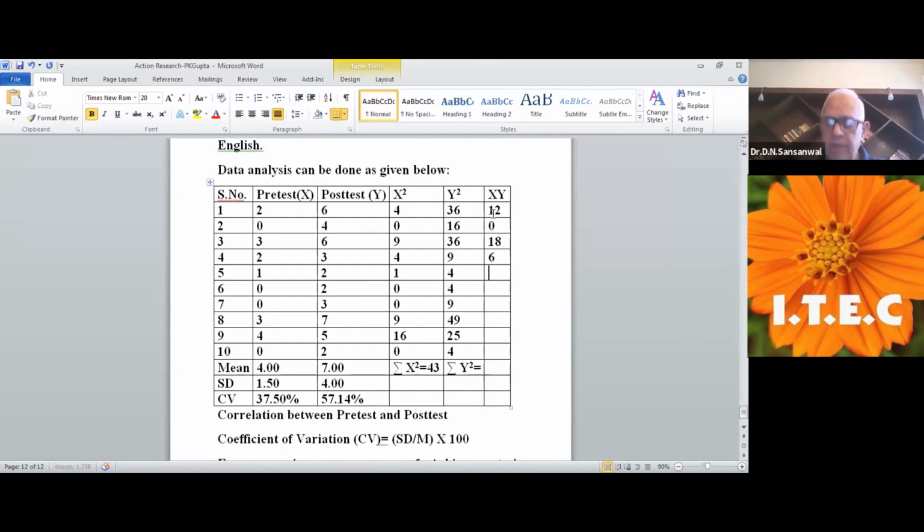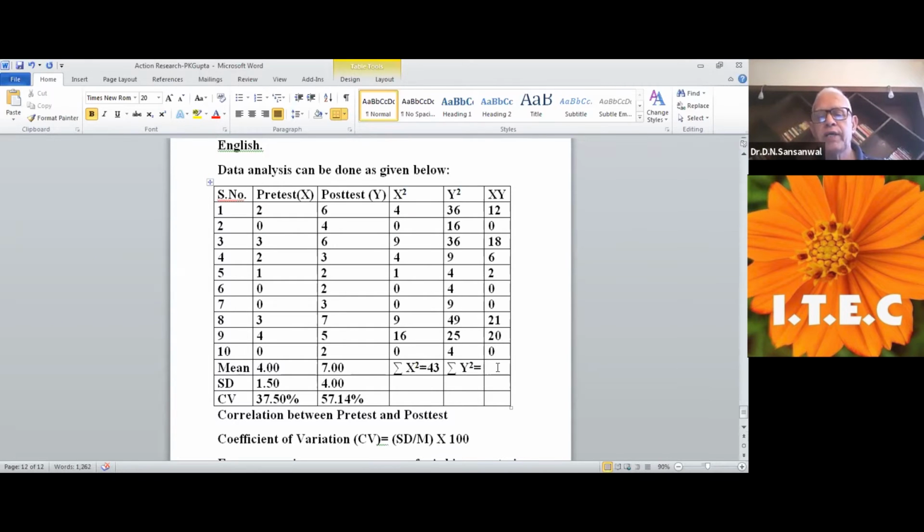And 2 multiplied by 1 is 2. 0 multiplied by 2 is 0. 0 multiplied by 3 is 0. 3 multiplied by 7 is 21. And 4 multiplied by 5 is 20. And 0 multiplied by 2 is 0. And then you can add.